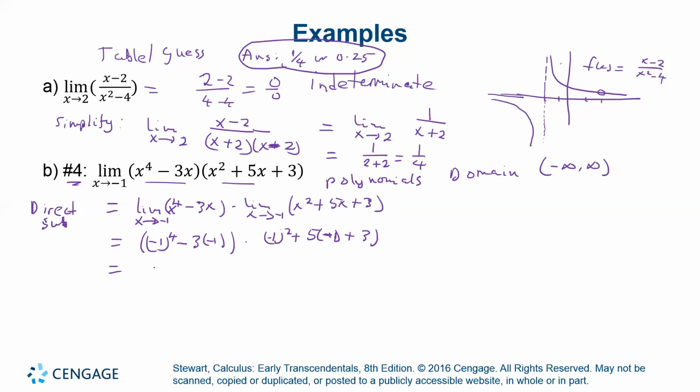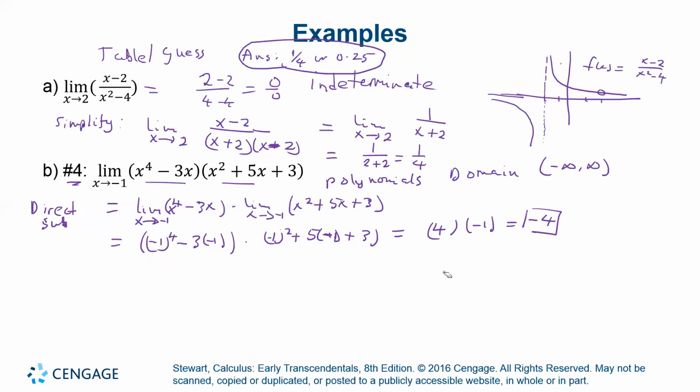So this will be 1 plus 3, and here 1 minus 5 plus 3. That gives us 4 times negative 1, which is negative 4. That's my answer.